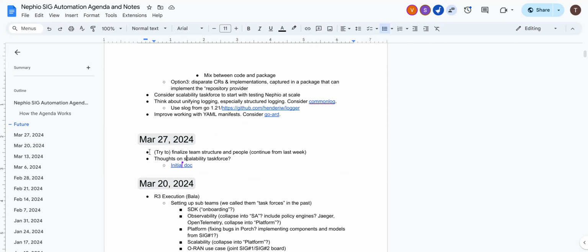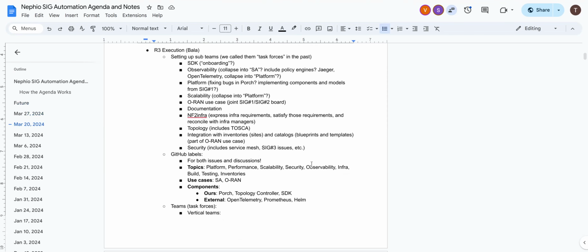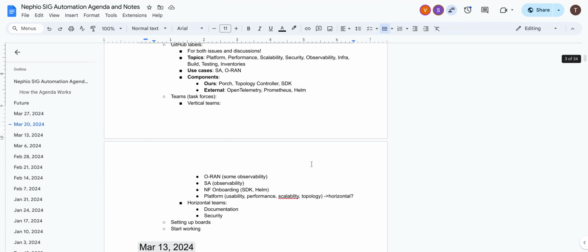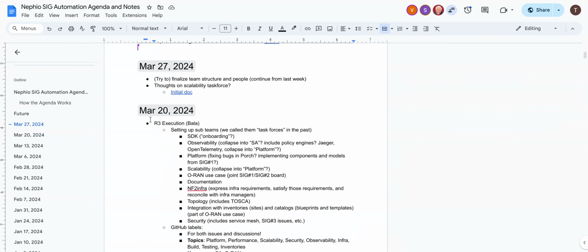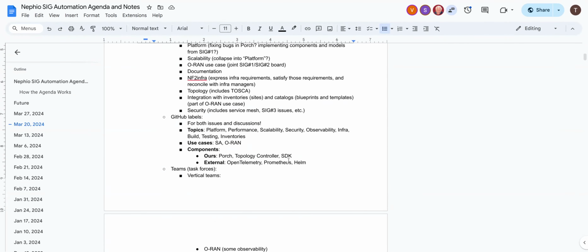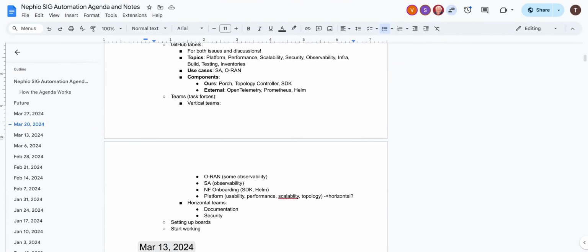I didn't put anything on the agenda other than hopefully finalizing our discussion from last week over breaking things down to actual teams. I think we had a brainstorming about all the different ideas that would need attention, and then maybe try to coalesce things into a list of teams.